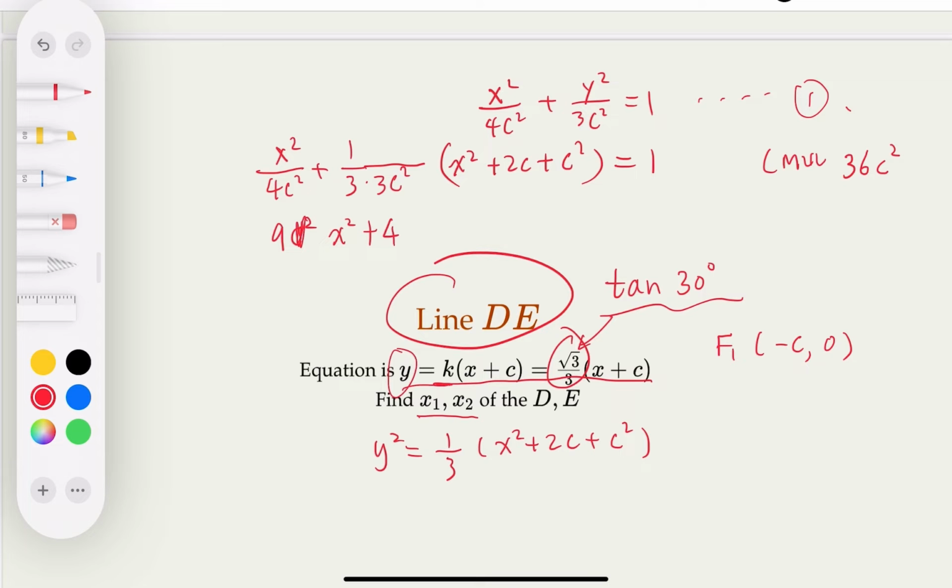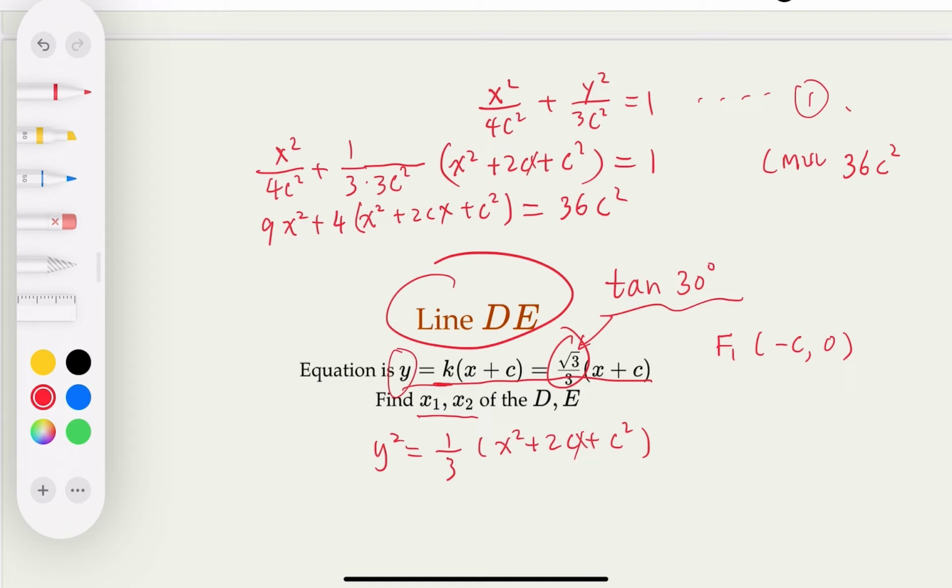Let me rewrite it. This equation is 9x squared plus 4 times x squared plus 2cx plus c squared, equal to 36c squared.